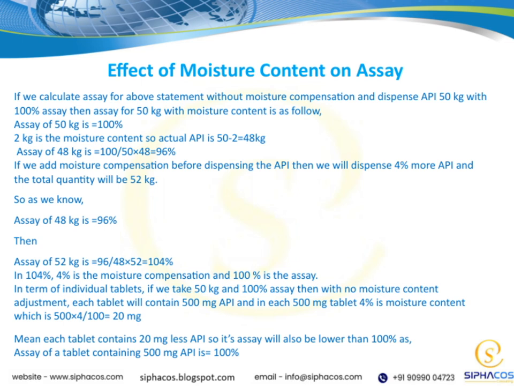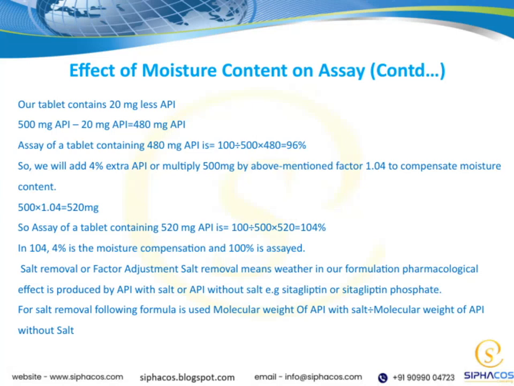On this slide, we're looking at how moisture content affects the assay of our tablets. First, notice that our tablet contains 20 milligrams less of the active pharmaceutical ingredient, or API, than the label claim. For example, if the label states 500 milligrams and the actual content is 480 milligrams, we need to adjust for that difference.